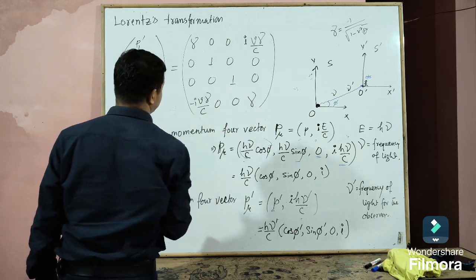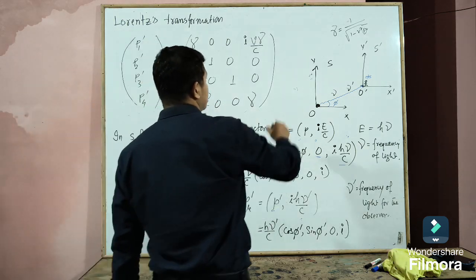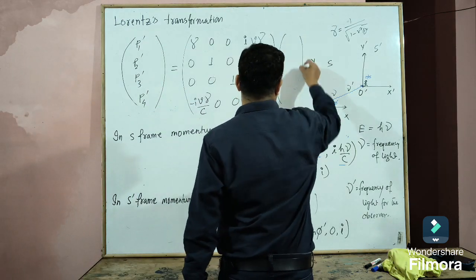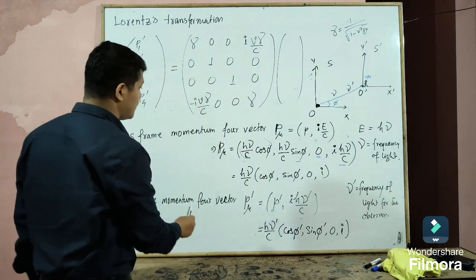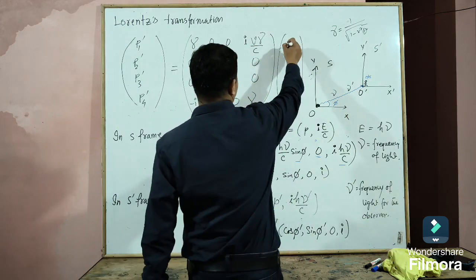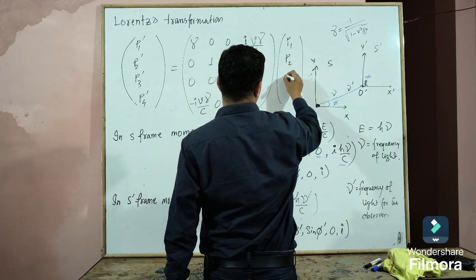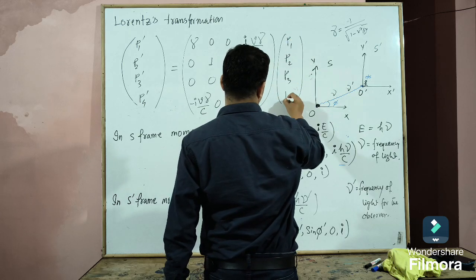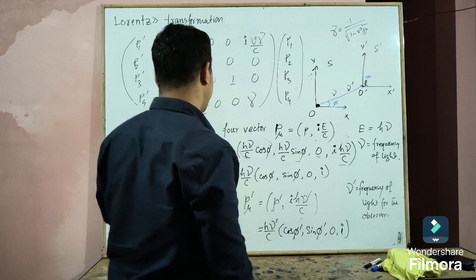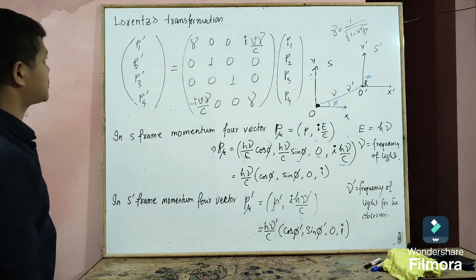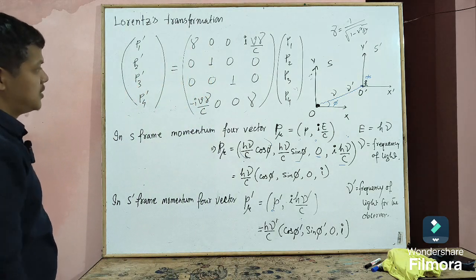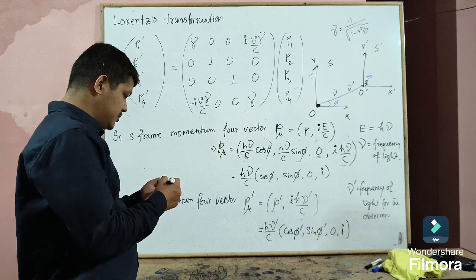And here we're gonna have the components of P mu, those are P1, P2, P3, P4, right.